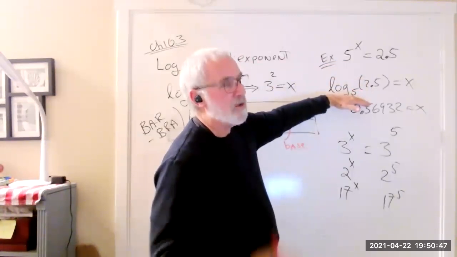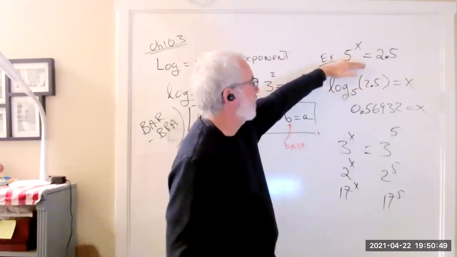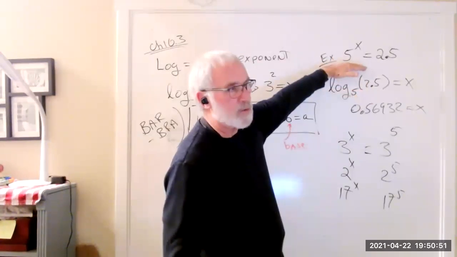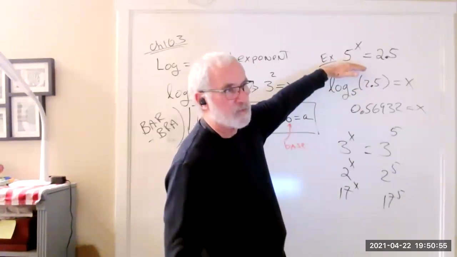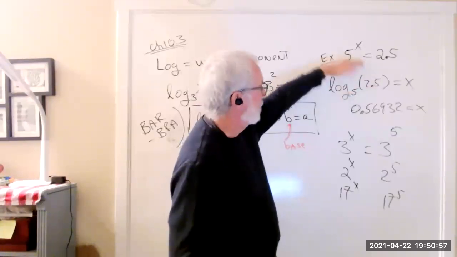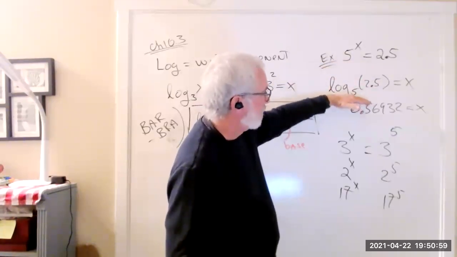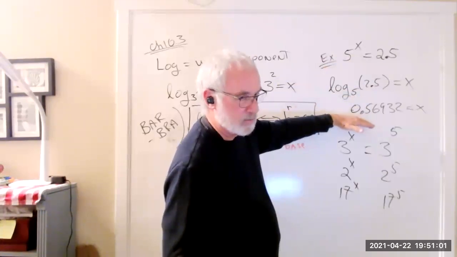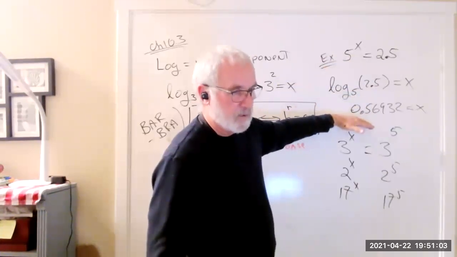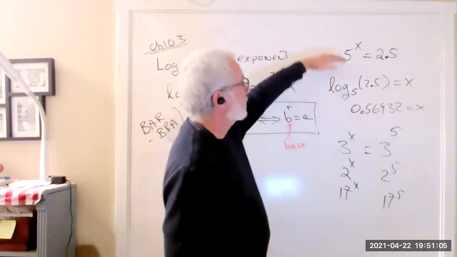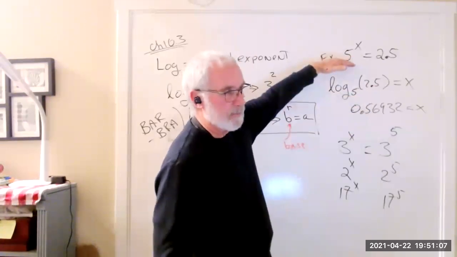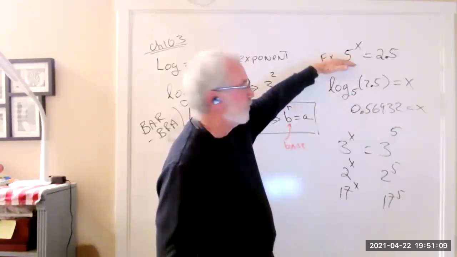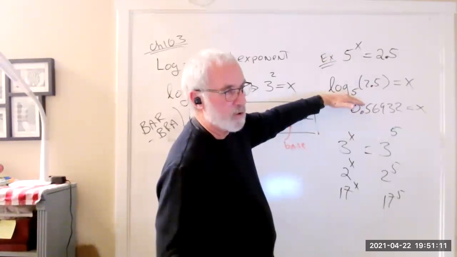Okay, if Mom says, write this problem in logarithmic form and then evaluate if possible, then you write the logarithmic form and then you evaluate. So you've got to read the directions. This is exponential form. This is writing it in logarithmic form.